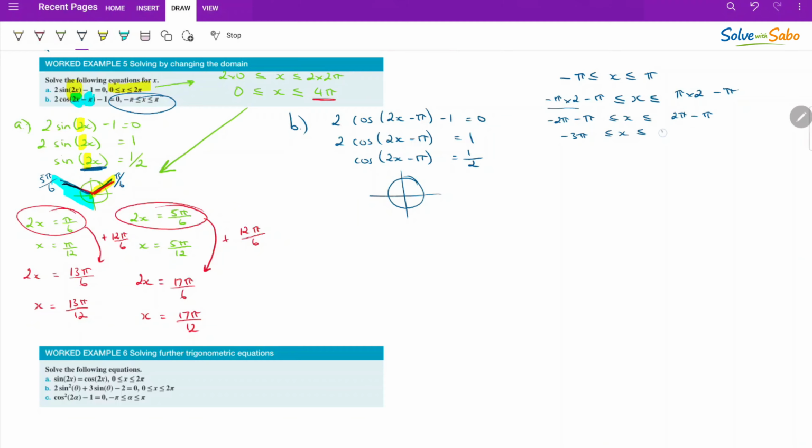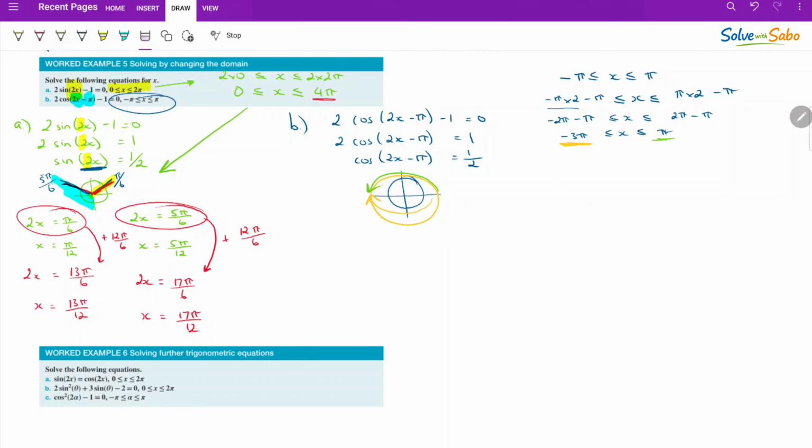And 2 pi take away pi is pi. So we've got 2 revolutions here, except one of them is negative, and it's negative for 1.5 spins. So if I look at that in a bit of yellow here, what that means is I go all the way around and back to here. That's negative 3 pi. The other one, if I was to look at that in green, just goes around here.